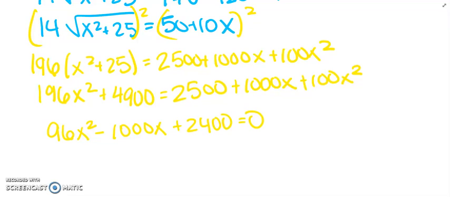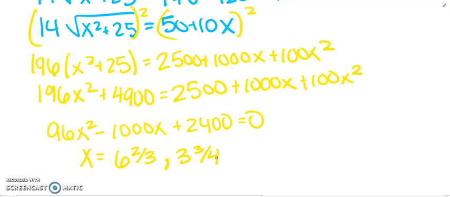Okay, so we all distributed, moved it all to one side. You're welcome to divide through and reduce. It can't really be factored, so use the quadratic formula. Stop and do that now. And then you should get two answers: 6 2/3, or 6.6 repeating, and then 3 3/4, or 3.75.